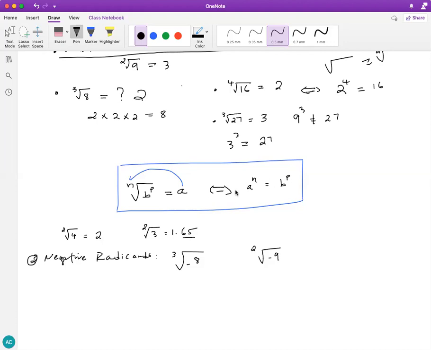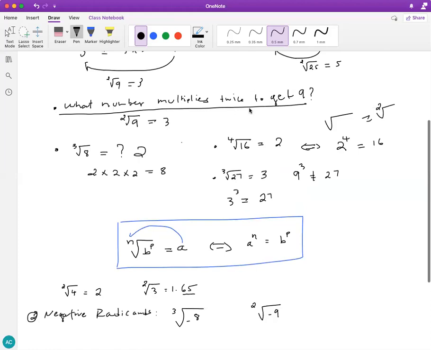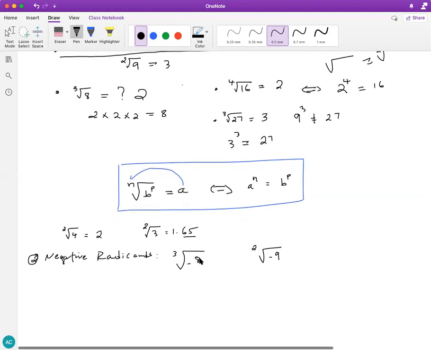And again, the easiest way to do this, always read it in this form. So here we say again, what number multiplies by itself 3 times to get -8? Do we know that number? Does it exist or does it not? Yes, we know that it exists. What is it? -2. Okay, so -2, let's check.